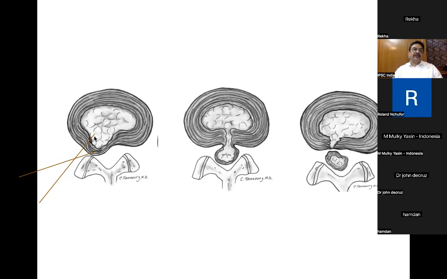Because if you want to target it from this point, we have to cut this entire annulus to reach this material, so we are making a big rent in the annulus. If you go inside-out, we are just going with the dilator and the scope, and we come back and it retracts. But here we'll have to cut the annulus, and we are making it more vulnerable to reherniations. So that is one reason why we should not target this from here.